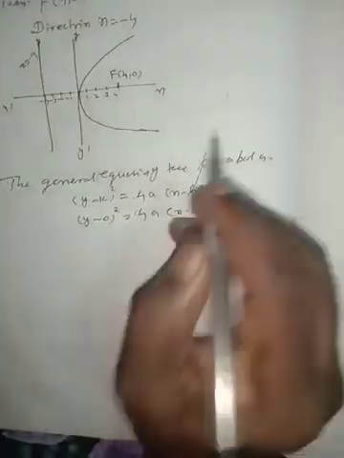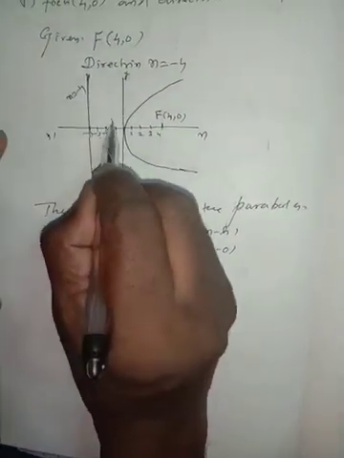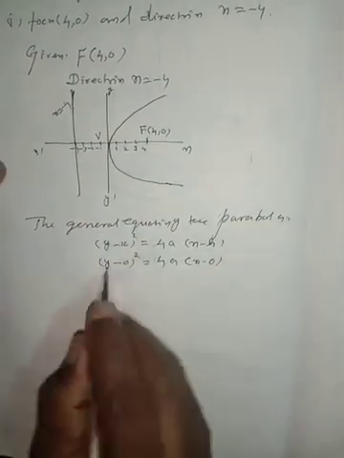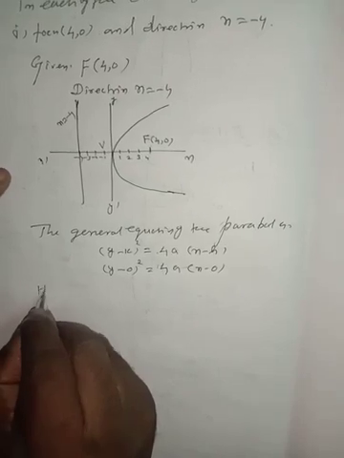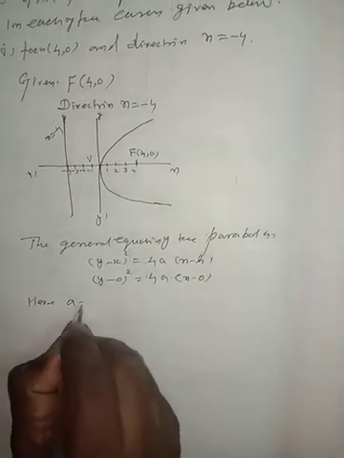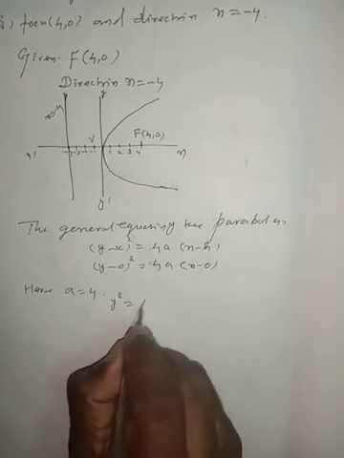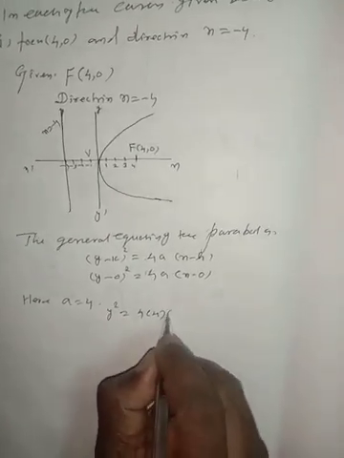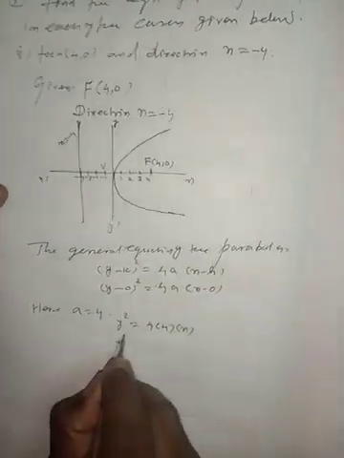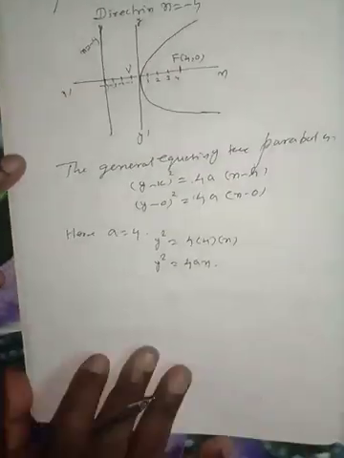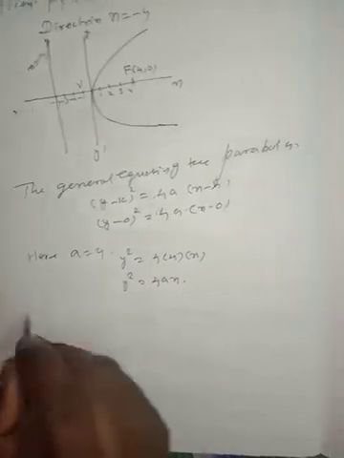In this case, the distance between vertex and focus is 1, 2, 3, 4 centimeter. Therefore, here a is equal to 4. Substitute: y square is equal to 4ax. This is the required equation of the parabola.